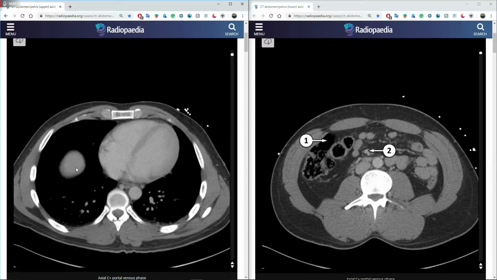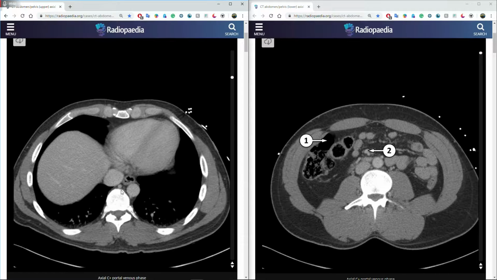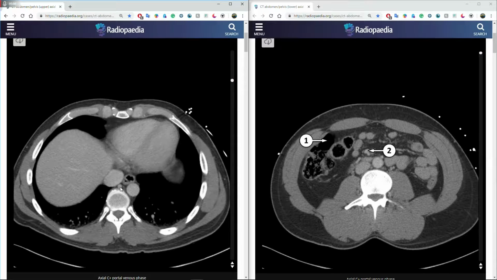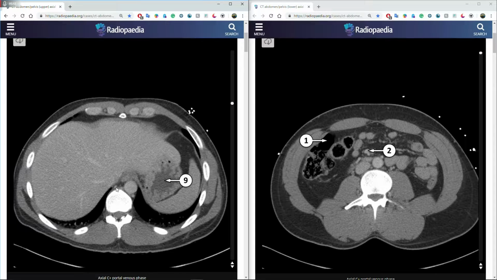These are just pulmonary vessels here. We know that posteriorly to the inferior vena cava, we have the azygos vein, and we can see the hemiazygos vein right here.